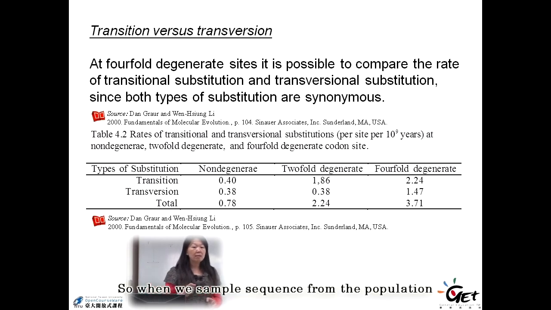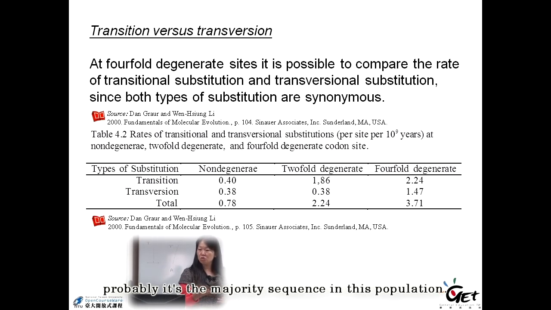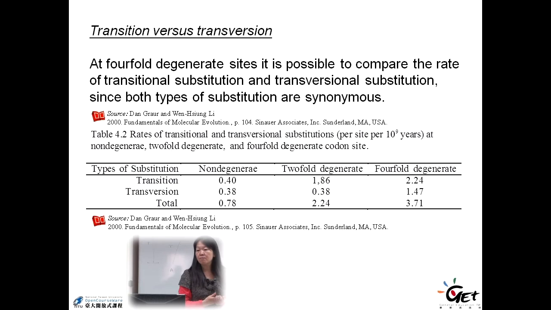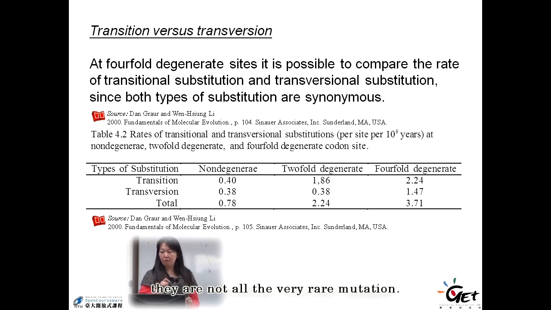So when we sample sequences from a population or from several different species, those are probably the majority sequences in the population. Most of the time, mutations are not very rare, they are at a certain frequency, so we have the chance to observe them.